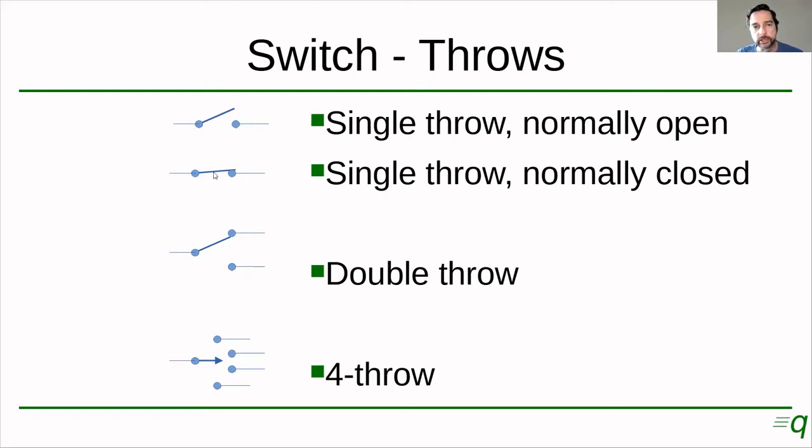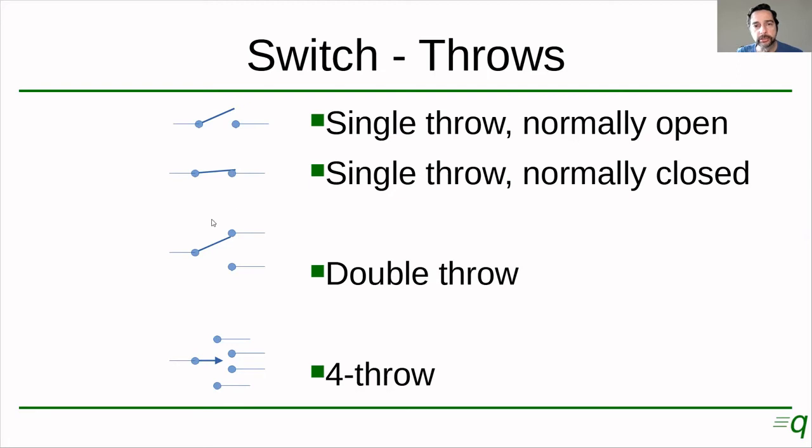This is the same thing, only when we draw the symbol in a closed position it means normally closed. So if this was a push button, whenever you push the button, you will be opening the circuit. So this is a normally closed. And these are single throws because they make contact in only one position, right? So it's open or making contact in one position. This is making contact in one position or open.